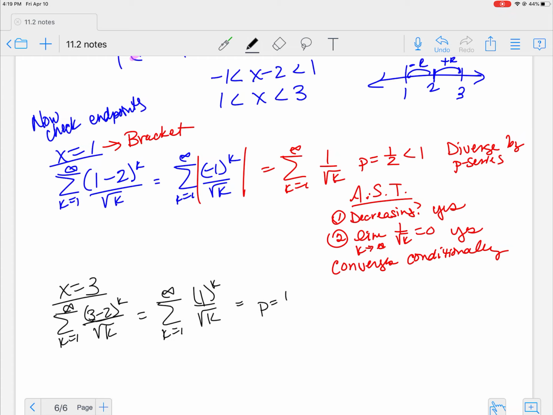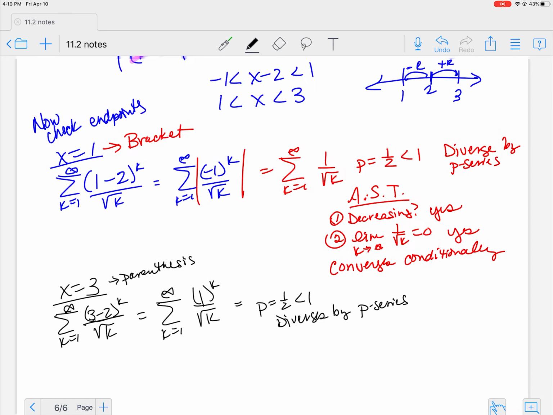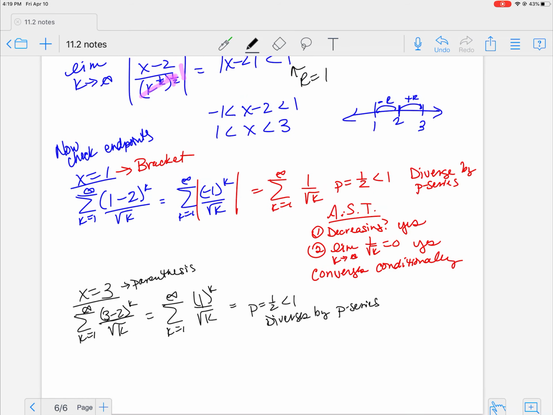So I know that my p is equal to 1/2, which is less than 1. So then this diverges by the p-series. So this one is a parenthesis. So that tells me my parenthesis goes here on the 3, and I have a bracket here on the 1.